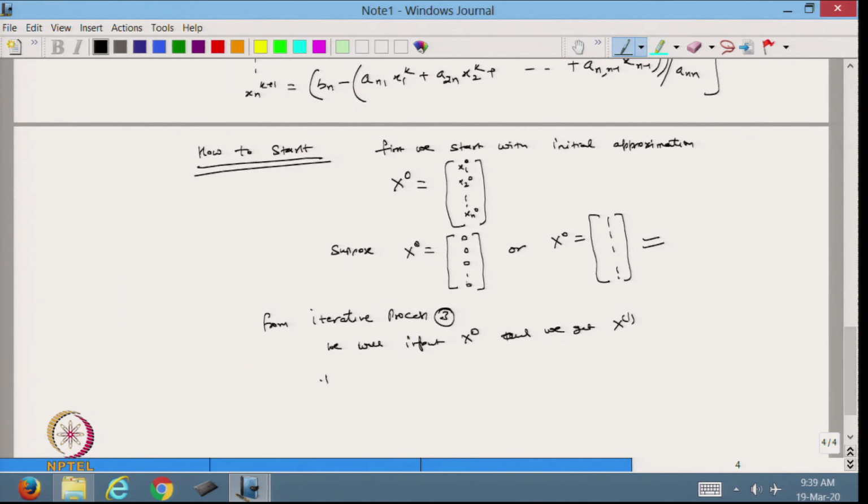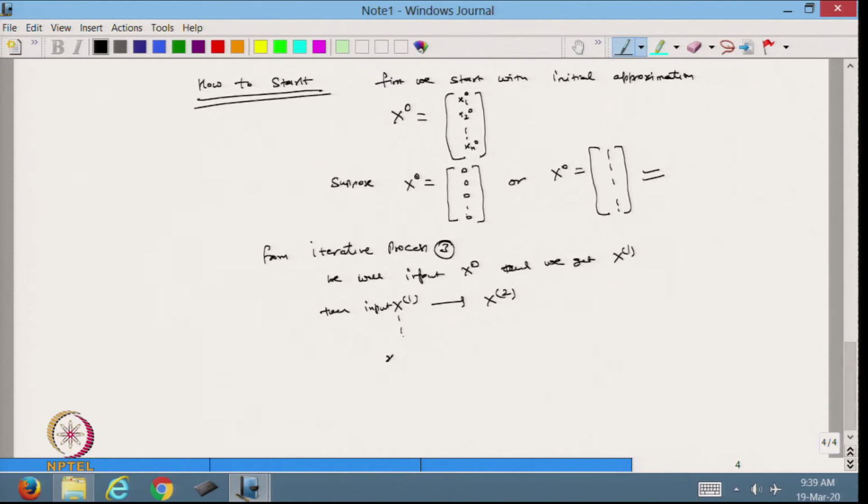Then I will input x1 and I will get x2 as output, and keep going. So it means we are going to input x k and get the x k plus 1 approximation. Now, the question is how to stop.